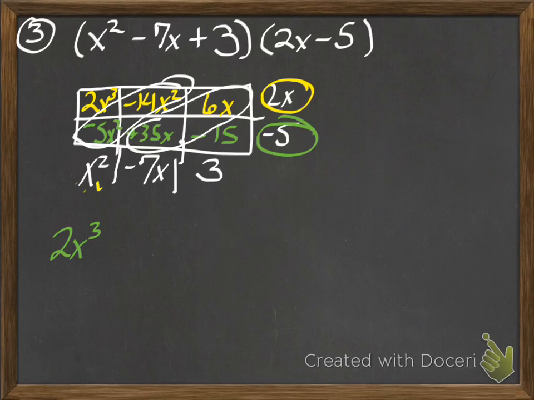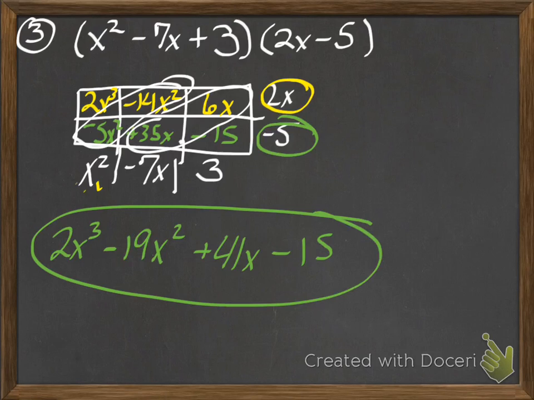What is negative 5x squared minus 14x squared? 35x plus 6x. Shouldn't that be a negative 35x? It was a negative times a negative, so it's a 41x. So the last one we're left with is just that negative 15.